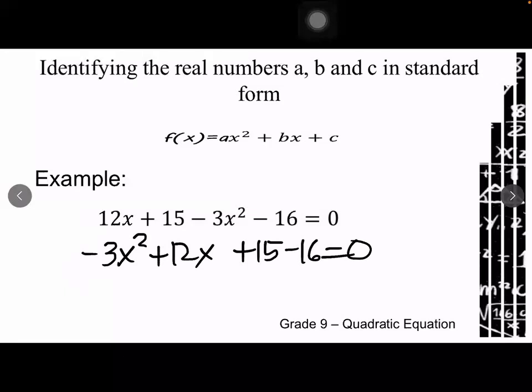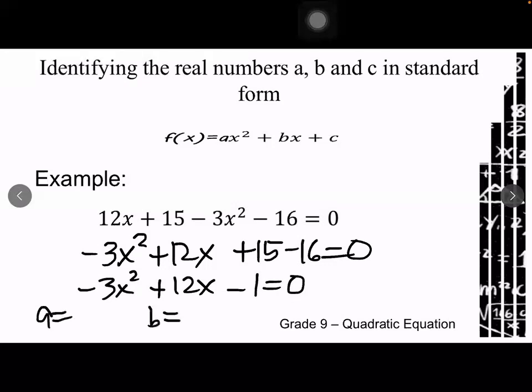So we need to simplify it first before identifying A, B, and C. It will become 3x squared plus 12x minus 1 is equivalent to 0 after evaluating 15 minus 16.